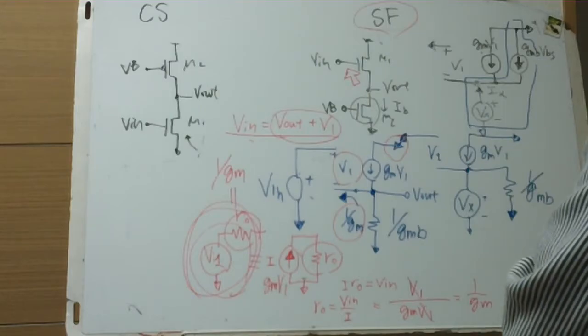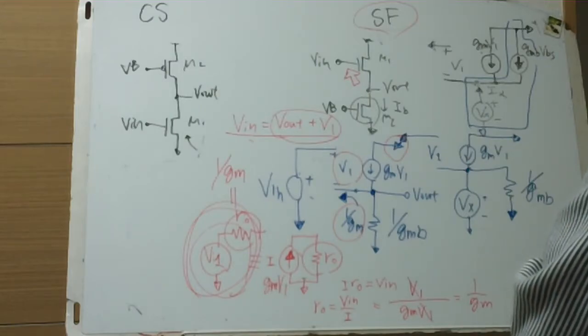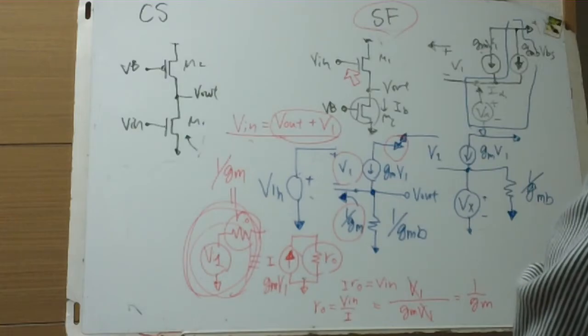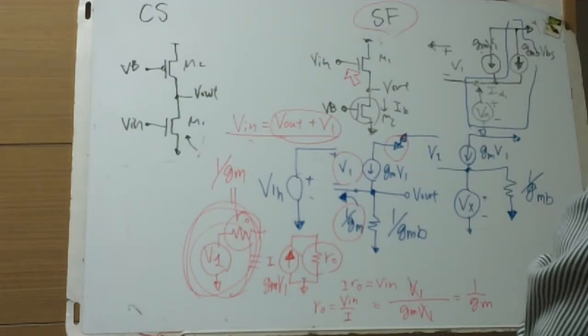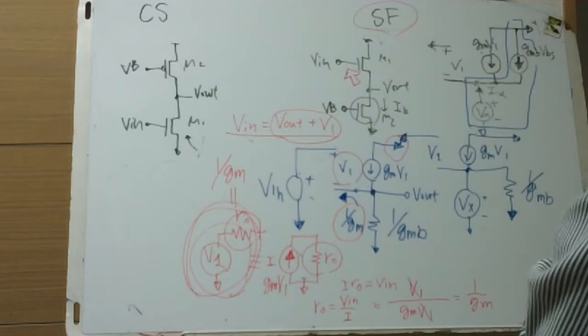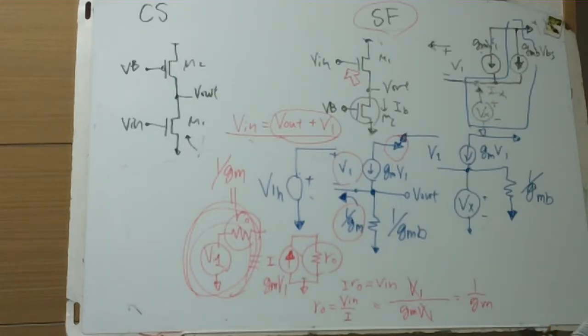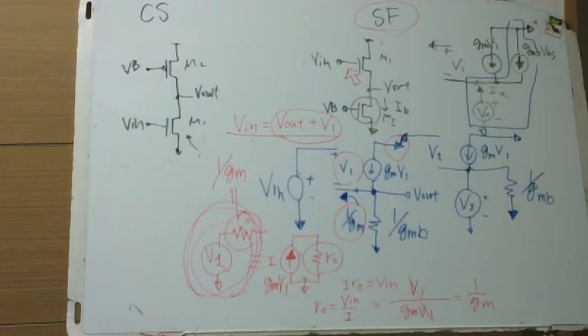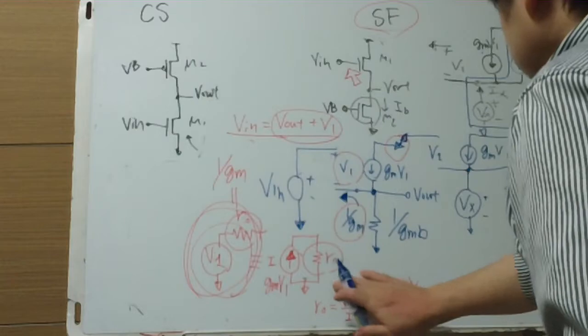V1 is applied and R0 exists, or GmV1 in parallel with R0 of 1 over Gm exists. So here we must not be complicated.